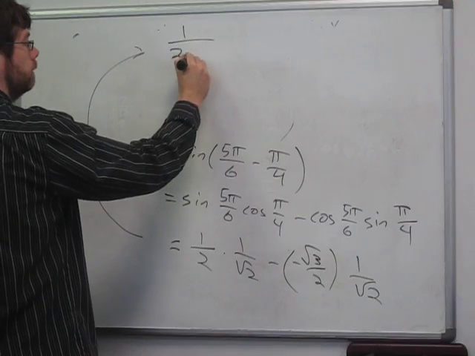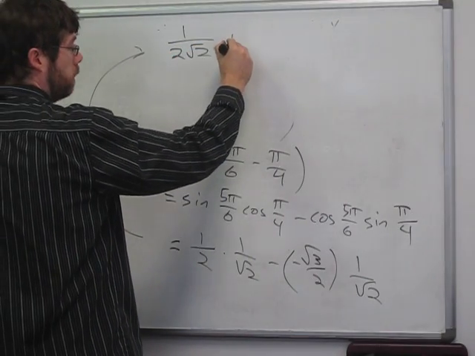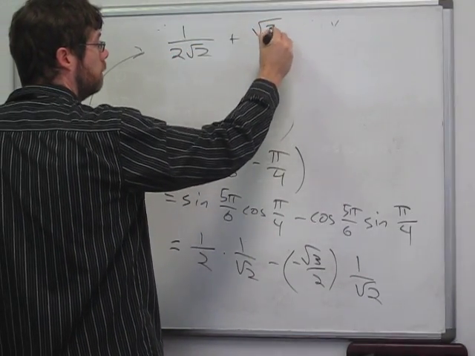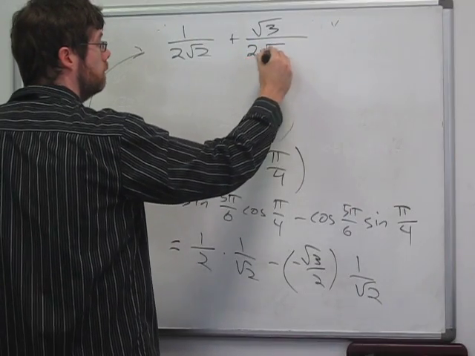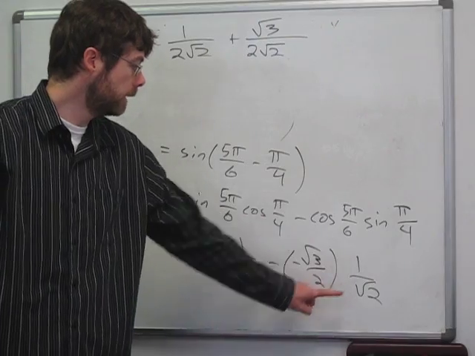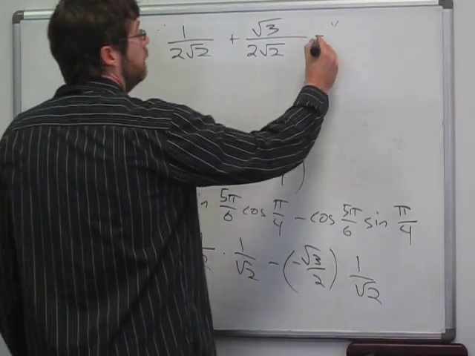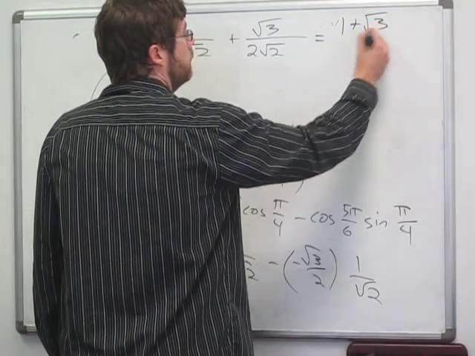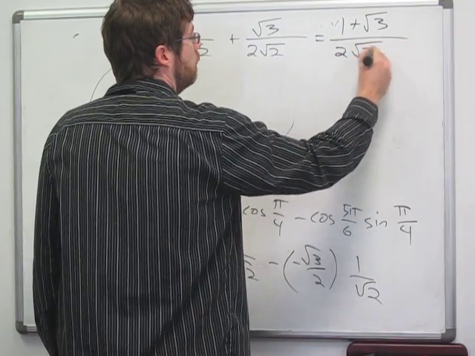This is 1 over 2 root 2 plus root 3 over 2 root 2. Right, we're subtracting a negative root 3 over 2 times 1/2. And so we get 1 plus root 3 over 2 root 2.